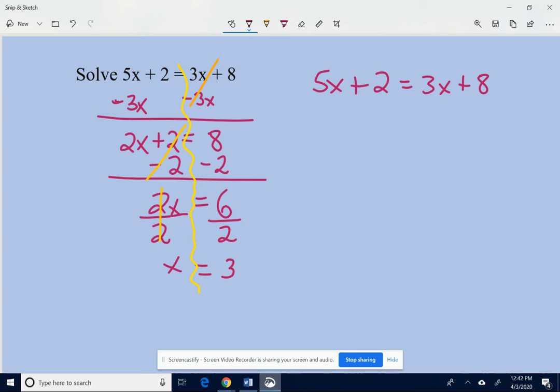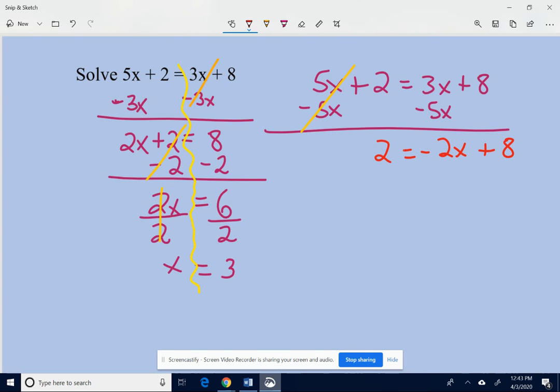You would subtract 5x from each side. So that would leave you with 2 equals 3x minus 5x. Think of that as 3x plus negative 5x, negative 2x plus 8.